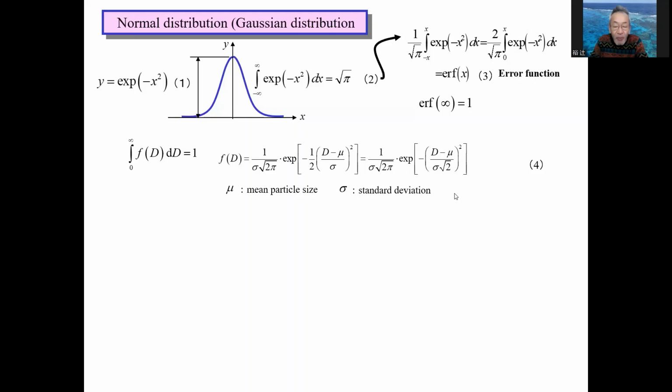Considering that normalization, the normal distribution of particle size can be expressed by equation 4. The normal distribution has two parameters. One is the mean size, mu, and the other is the standard deviation, sigma.